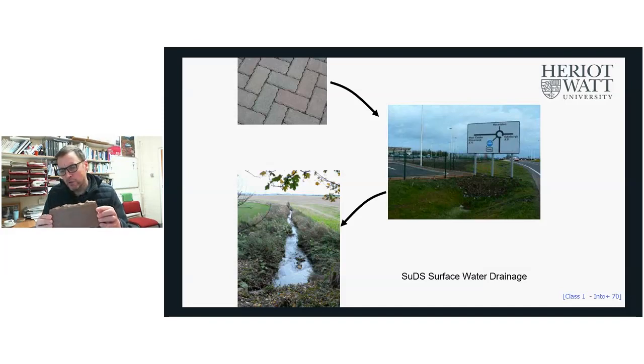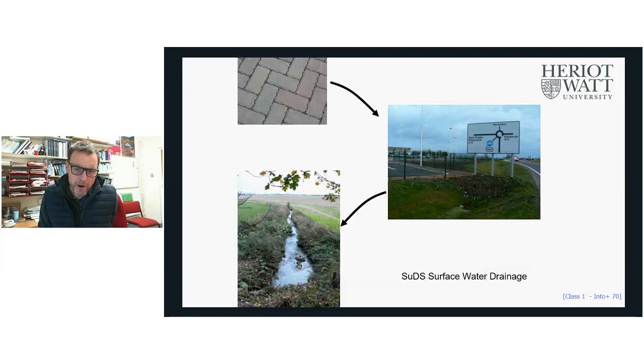The design means the blocks don't fit together tightly, so you've always got a space between the blocks. The water filters through that space. There's gravel below. The gravel has obviously spaces between the gravel particles, so those spaces act as a kind of storage volume, and the gravel itself also filters the flows coming from the car park going through it. By and large, you wouldn't expect flows from a car park to be too polluted though, to be honest.